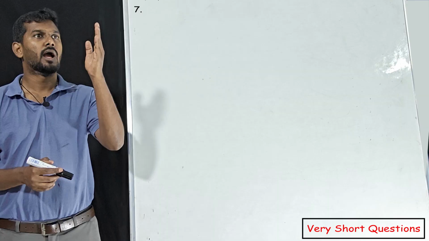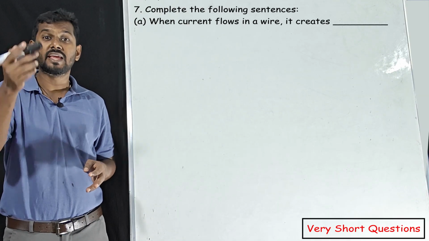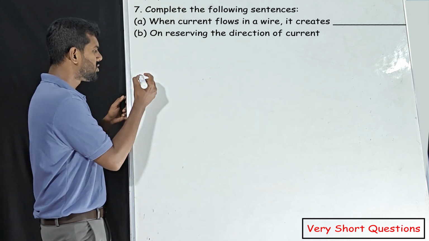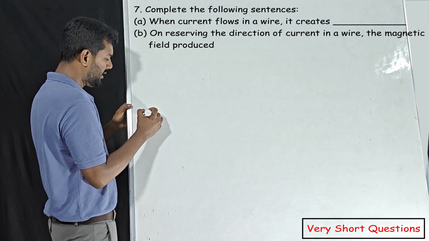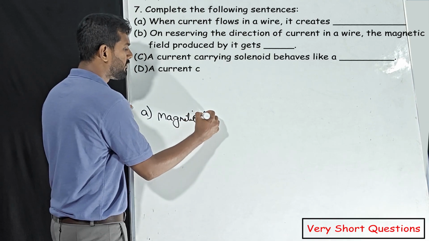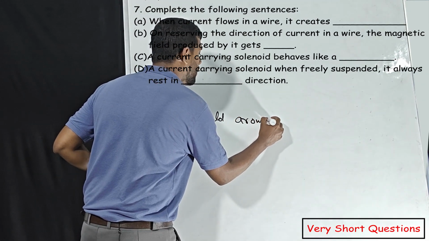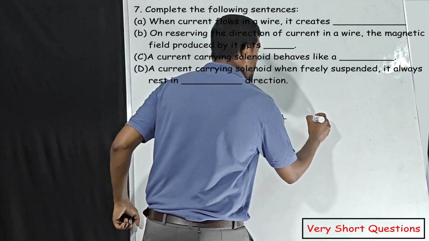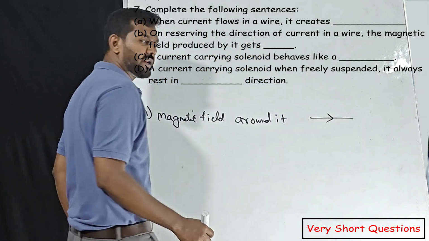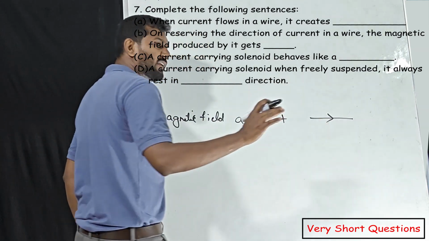Our next question, complete the following sentences. When current flows in a wire, it creates a magnetic field around it. This is very much important. Whenever a current in a conductor is flowing in any direction, it creates a magnetic field, but where?